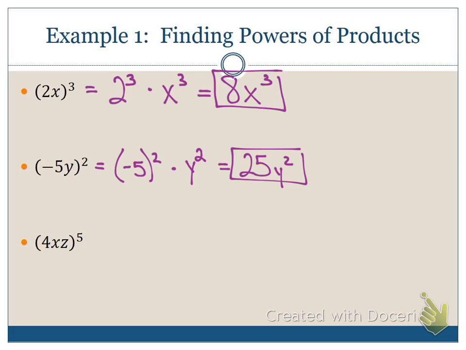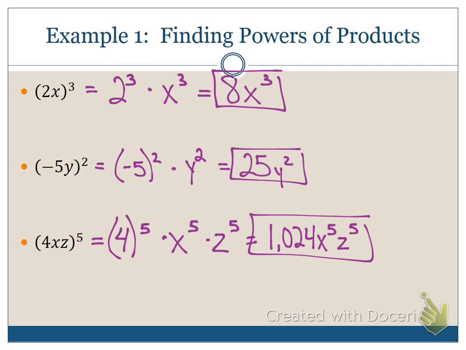Now, in the last term, there are 3 terms inside the parentheses all connected. So it's 4 to the 5th times x to the 5th times z to the 5th. And I combine them all together to make 1024 x to the 5th z to the 5th. Again, the exponent outside the parentheses raises every term inside the parentheses to that power.